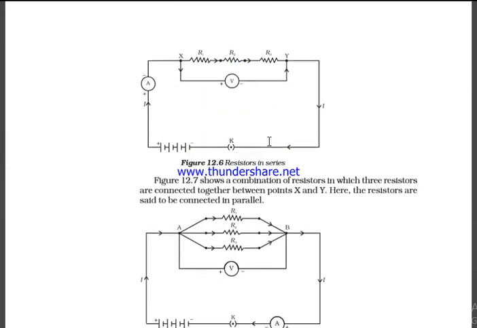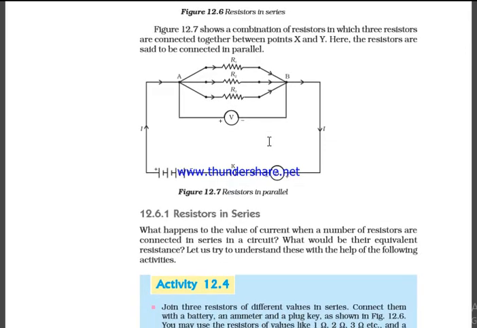Here we are naming these 3 resistors R1, R2 and R3. Now we can see this figure 12.7. This shows the combination of resistors in which 3 resistors are connected together between the points X and Y. See what is the difference here.